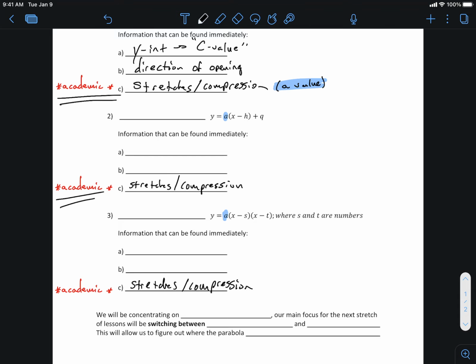So some of you are at an advantage because you're seeing material that you're going to see next year again. The academic kids are going to look at that in more depth when we get to it. The applied class, you can just worry about for right now these two.